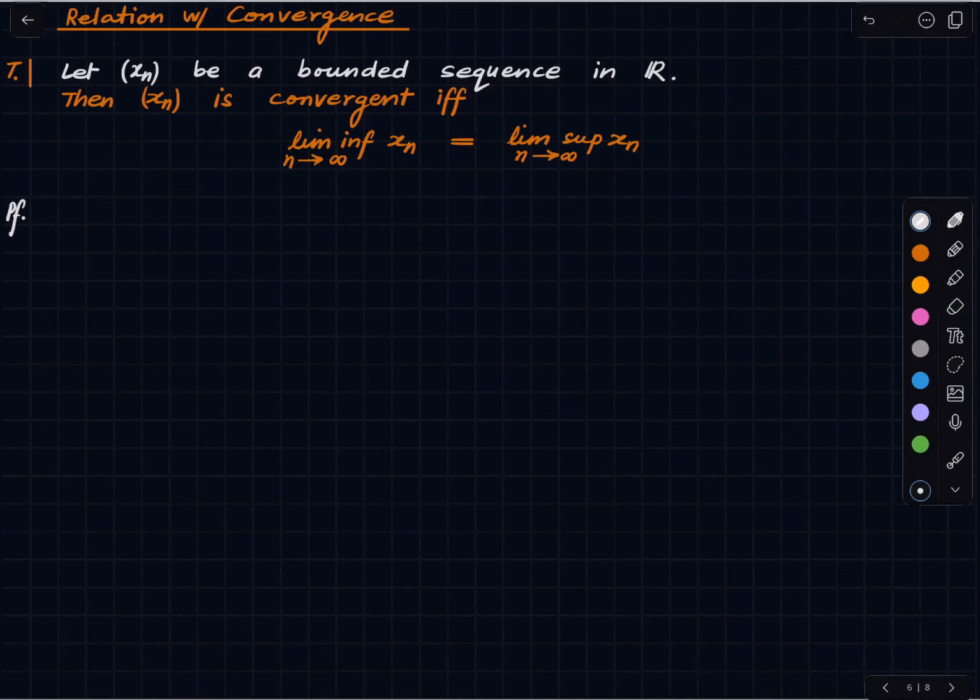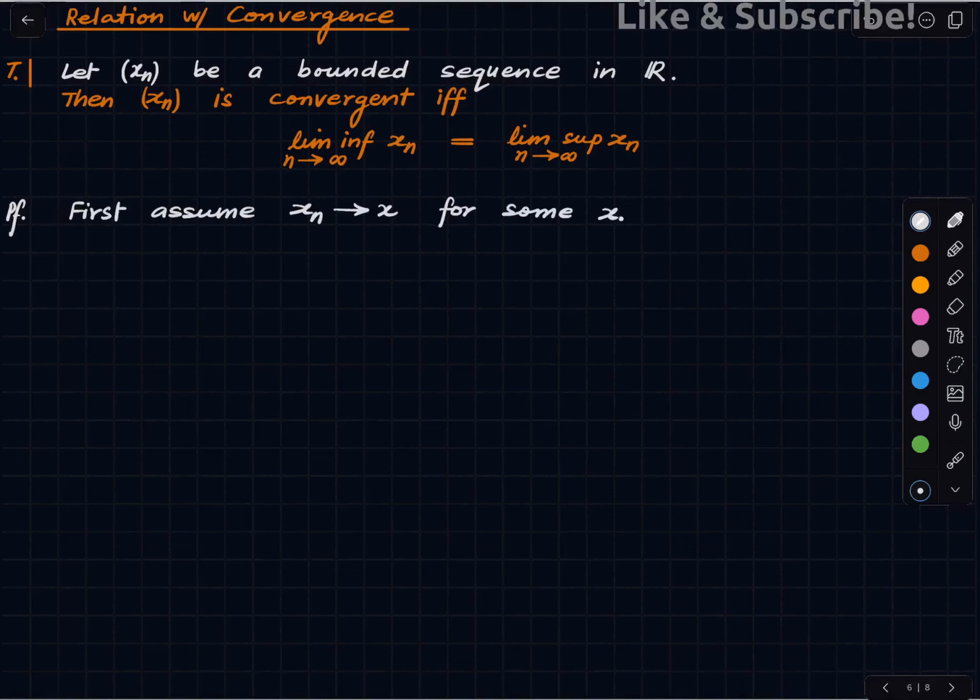So first assume that we have a convergent sequence. Suppose our sequence converges to x. We want to show that the limit inferior is equal to the limit superior. Okay. So then, for all epsilon greater than 0, or maybe it's better to just fix an epsilon.